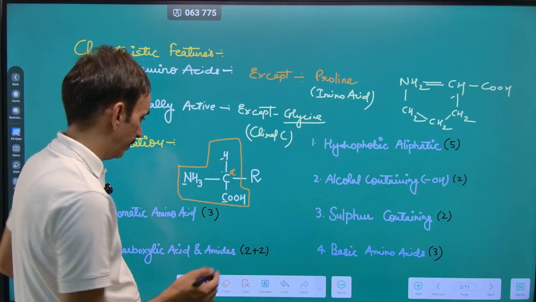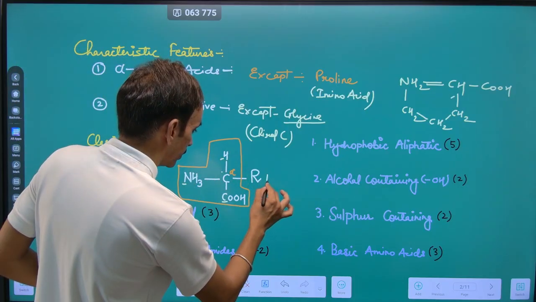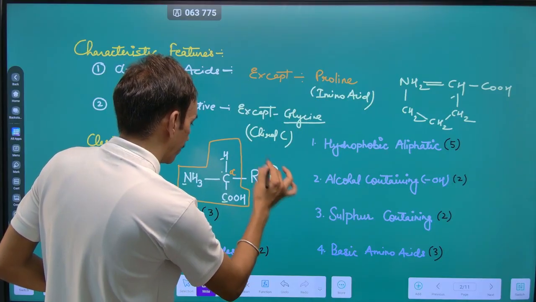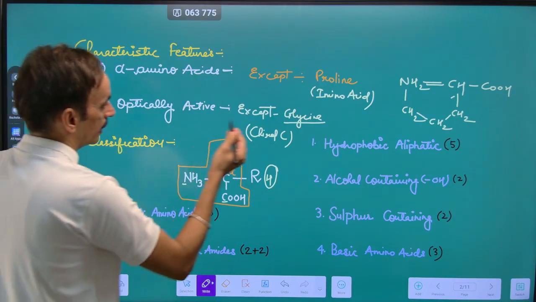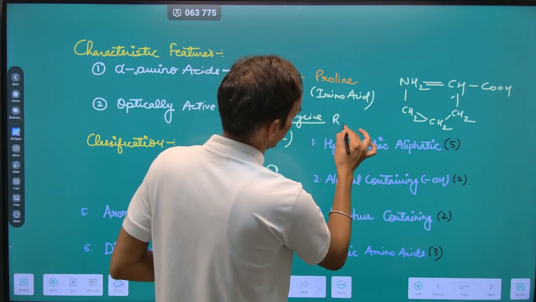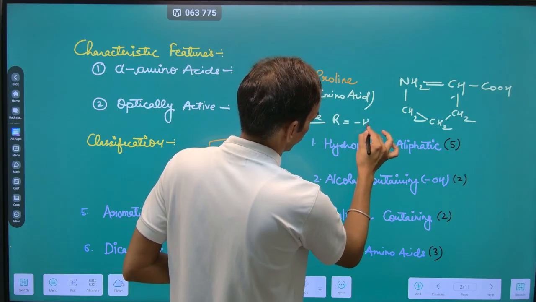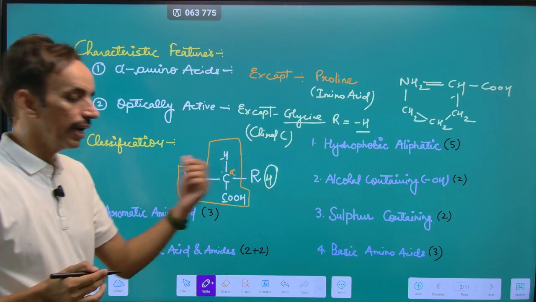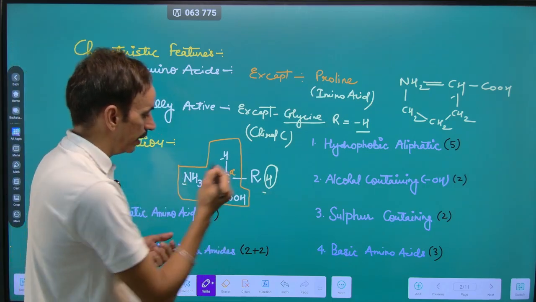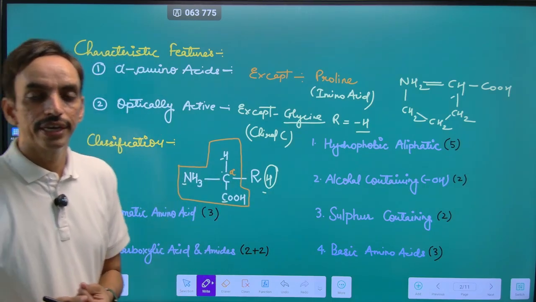In glycine, R equals H. So if we replace the R with H, there are two hydrogens and the carbon is no longer a chiral carbon.